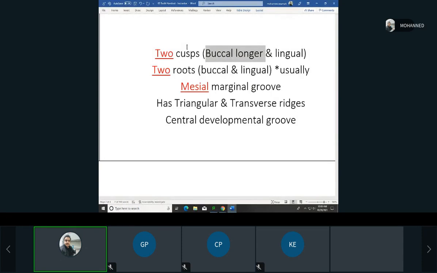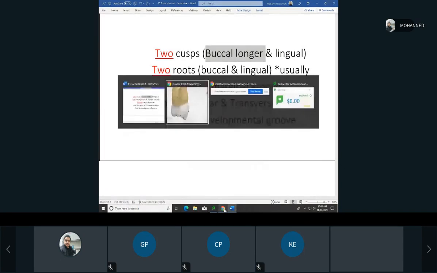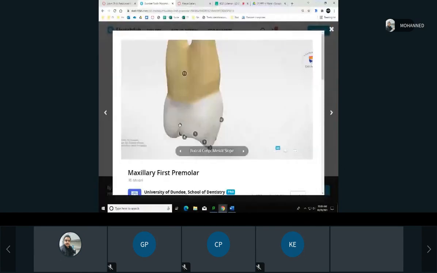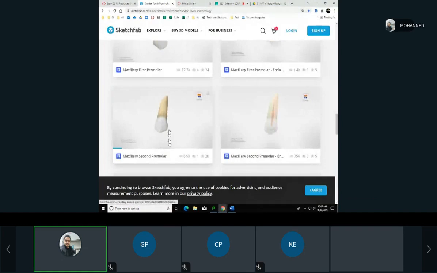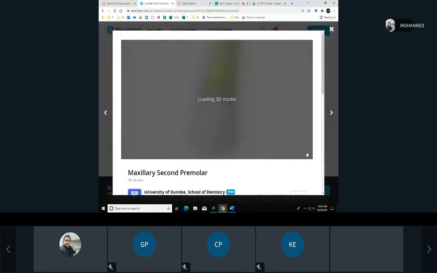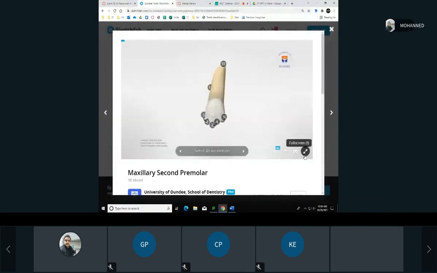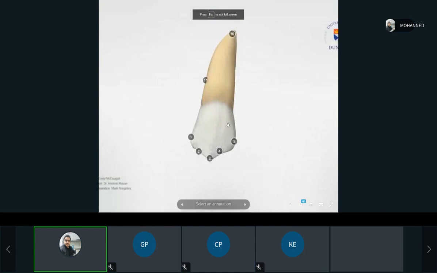Now let's compare it to the maxillary second premolar. That's the first, and this is the second. So what do you think? Is it bigger or smaller? Smaller, right? So it's smaller than that.